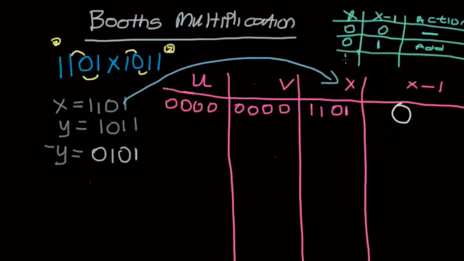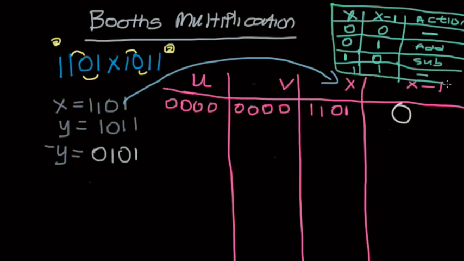And if your x is 1 and x minus 1 is 0, you're going to subtract. And if it's 1, 1, you're going to do nothing. So please have this written down somewhere, because it's a very, very, very important concept.